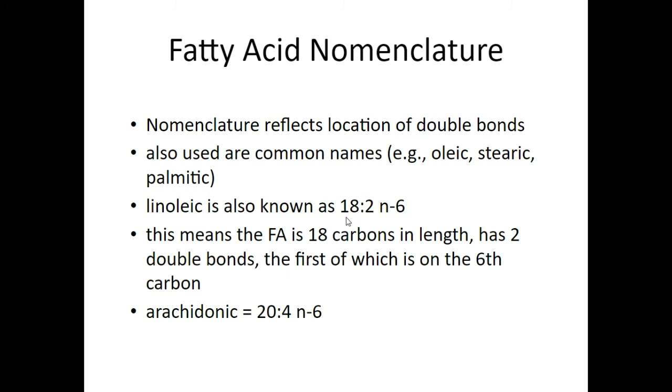Okay? Later I'll explain the omega naming system, like omega 3, omega 6 and even omega 9 fatty acids. Okay? So this means the fatty acid has 18 carbons, has 2 double bonds, and the first of which is on the 6th carbon from the omega end.